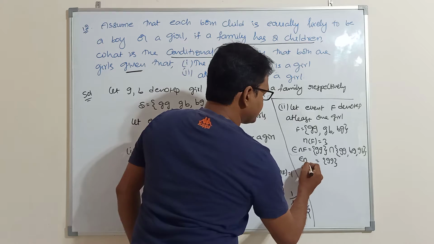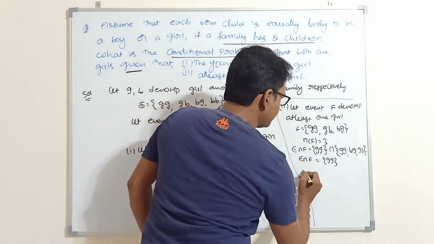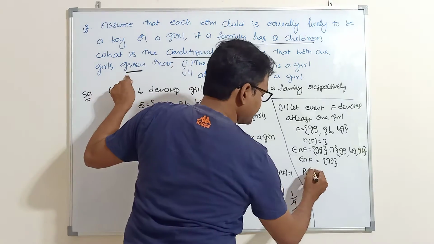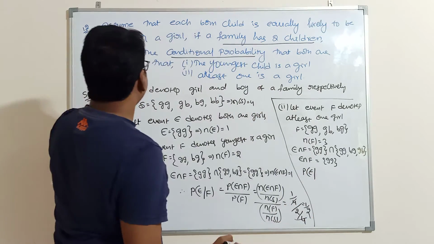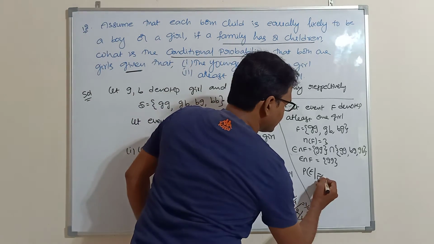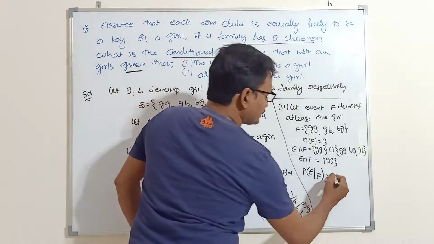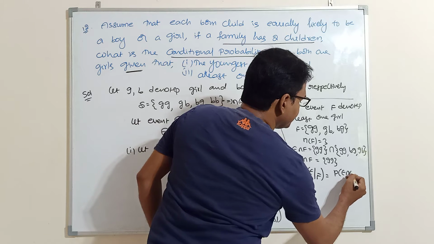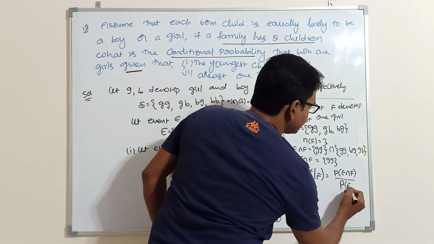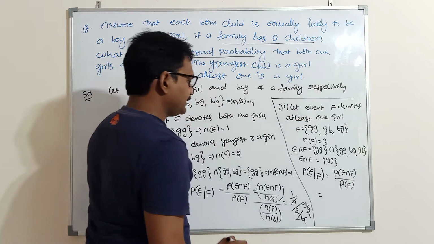Next, the probability that both are girls means event E, given that at least one is a girl. That means F. What is the formula for this? P of E given F is P of E intersection F by P of F. So what is the formula for P of E intersection F?